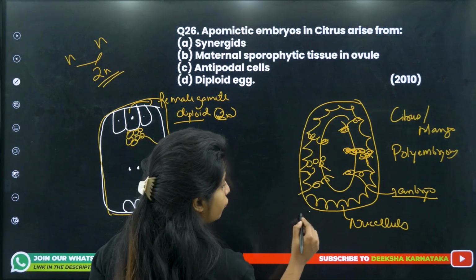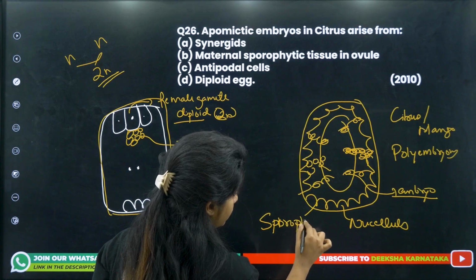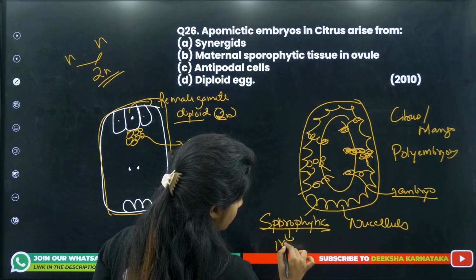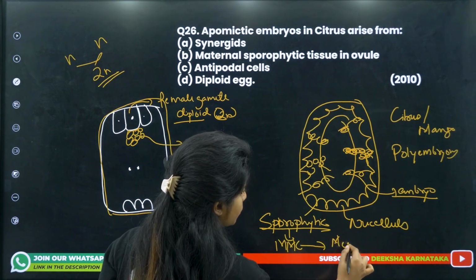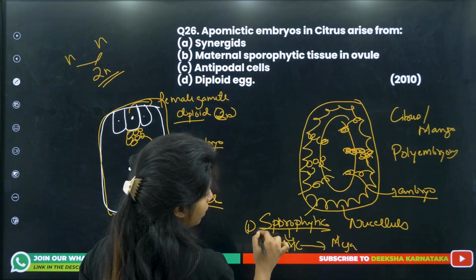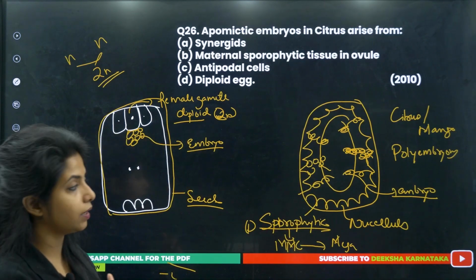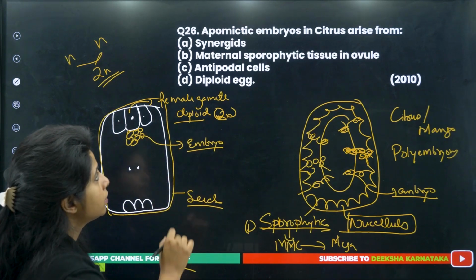This is the sporophytic tissue, because this is the one that forms the megaspore mother cell, which will now undergo division and form the megaspore. Usually one cell among them in the sporophytic tissue is going to form like that. But over here you have a name for the sporophytic tissue, that is nucellus, and this is the answer.